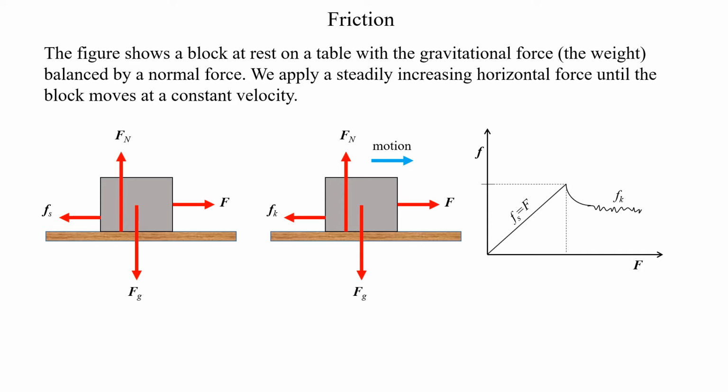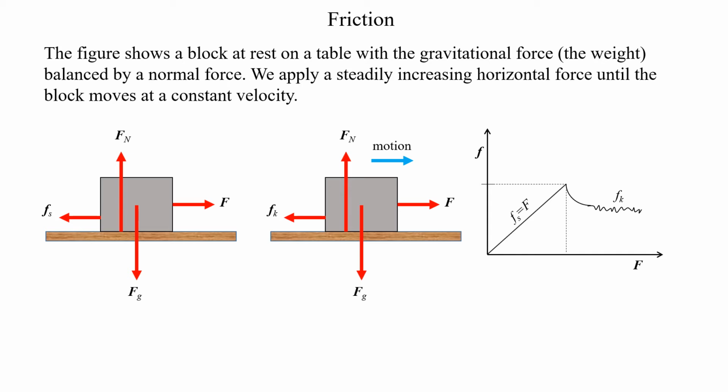So while the block is at rest, the static frictional force exactly equals the applied force F. Now this is shown in the graph to the right. So the applied force F is on the horizontal axis and the frictional force is on the vertical axis. As I increase the applied force F from 0, we see we have a straight diagonal line where the static friction exactly equals the applied force, but in the opposite direction.